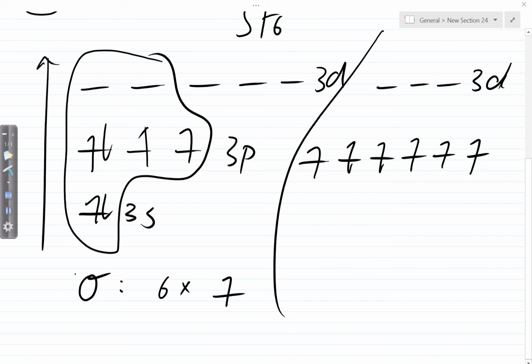Why is it called sp3? Because it is made of 3 p and 1 s.